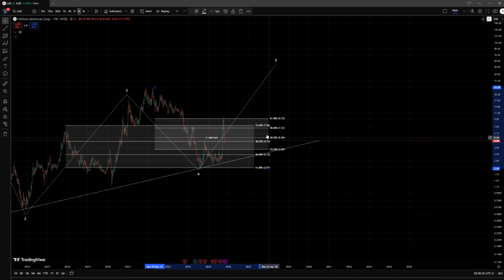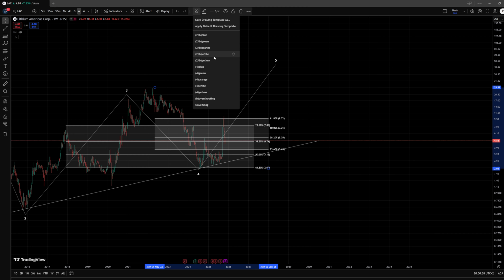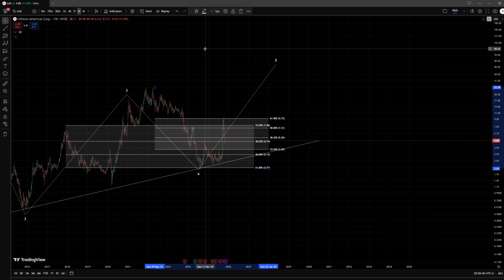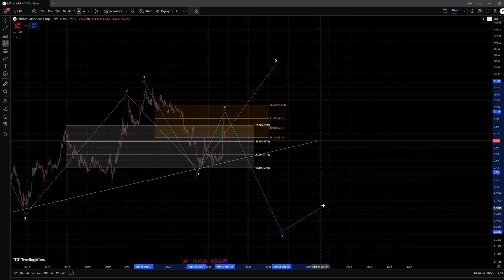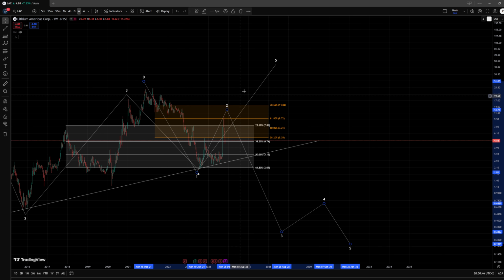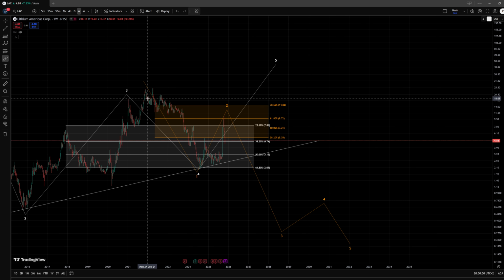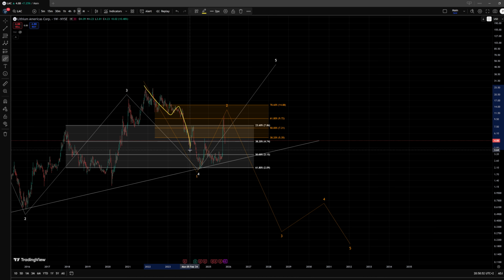But one last thing I do want to point out, and that I want you to watch out for, is this generic area of resistance, because we also have the possibility of forming, in the bearish scenario, a bearish 1-2 setup here, where we have a 5-wave structure down and a 3-wave move up.